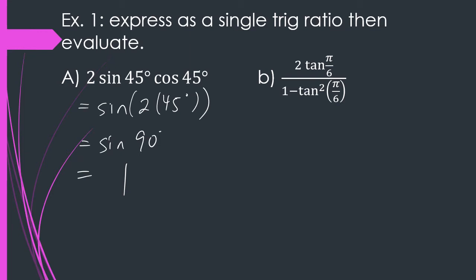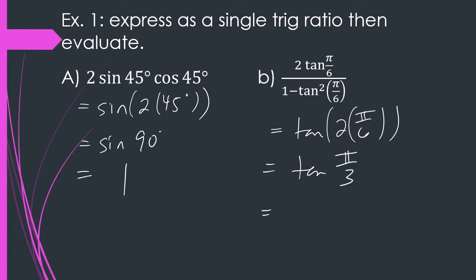For part B: 2 tan pi over 6 over 1 minus tan squared pi over 6. That is our double angle formula for tan. This is like tan of 2 times pi over 6, which is pi over 3.